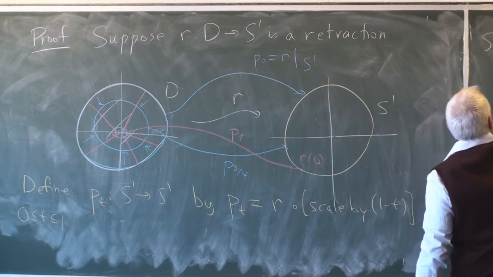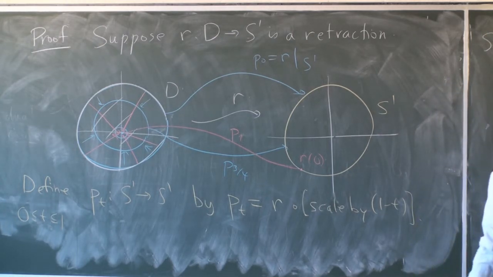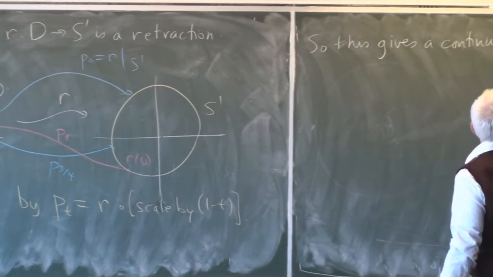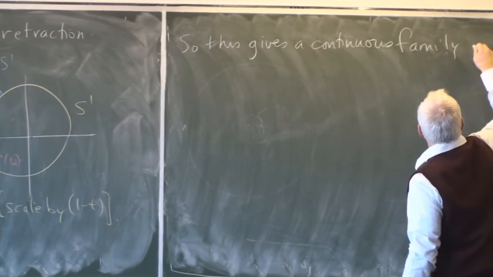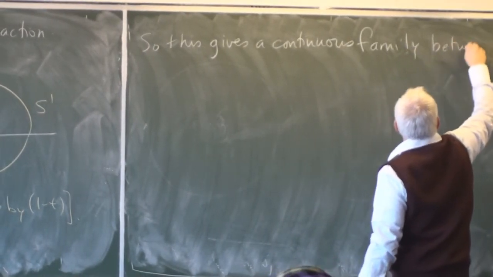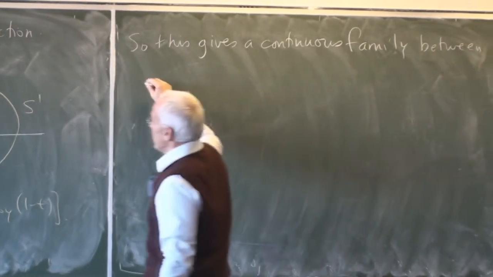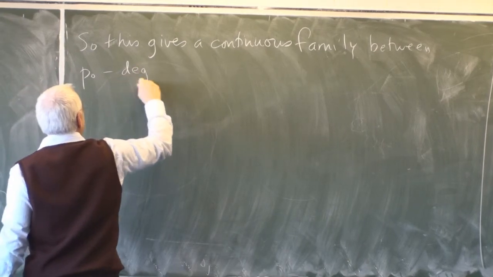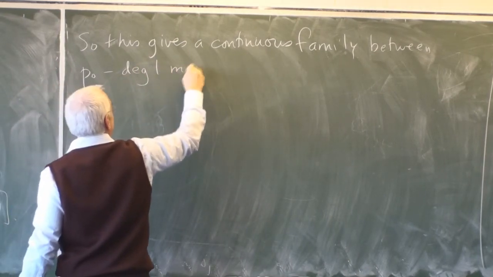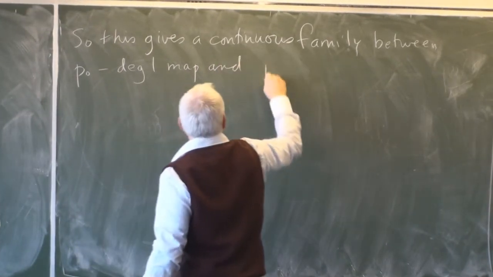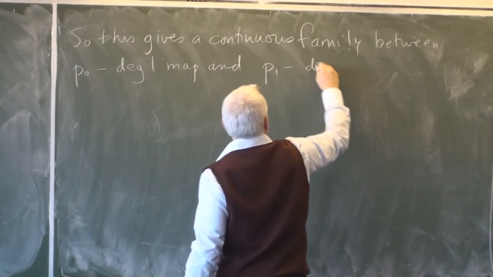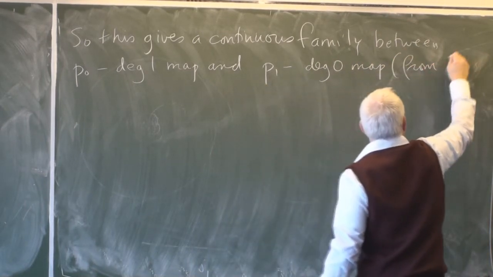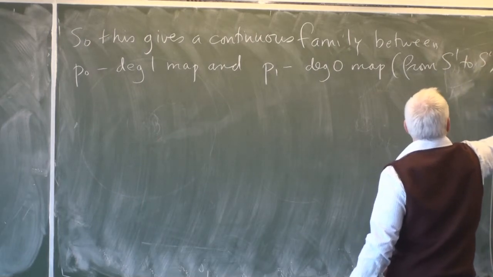So this gives a continuous family between P0, which is a degree 1 map, and P1, which is a degree 0 map, from S1 to S1.